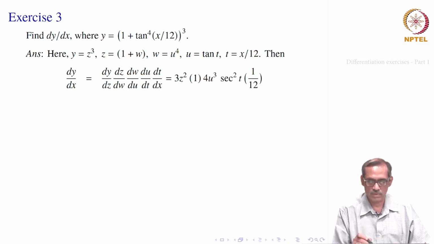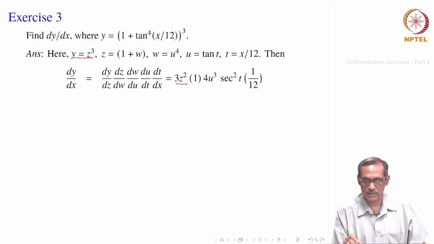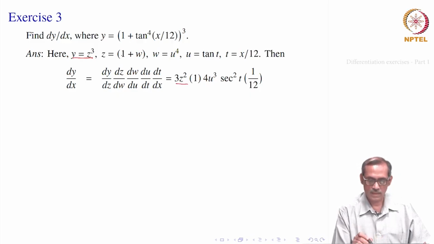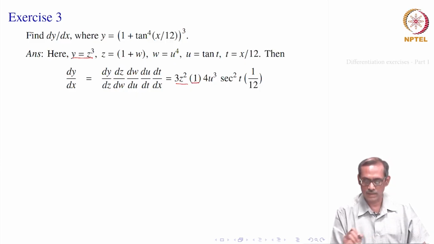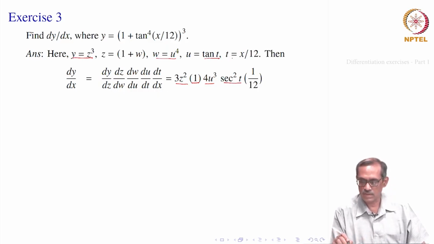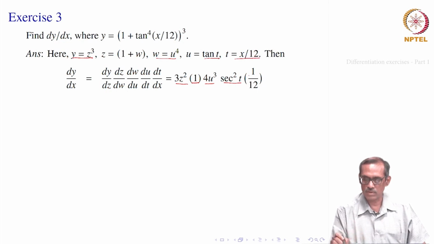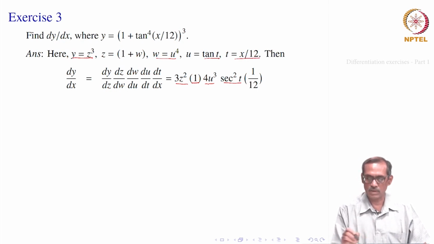So, slowly if we proceed, we say that dy by dz, which is y is z cubed, so that gives 3z square, and dz by dw, so it is 1 plus w, that gives 1 is 0, w gives 1, and then dw by du, which is w is u fourth, so it is 4u cubed. Next du by dt, u is tan t, so it is secant square t, and dt by dx, t is x by 12, so dt by dx is 1 by 12. That is how it looks.